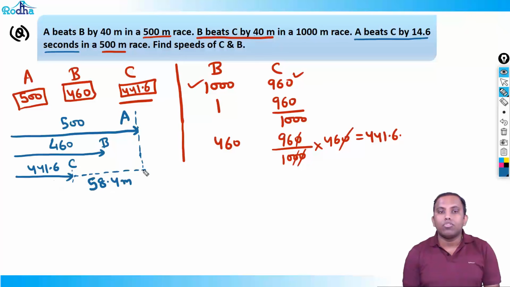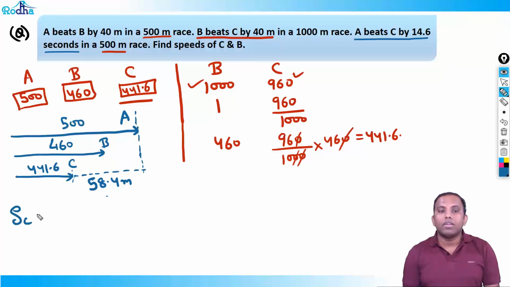This distance of 58.4 meter will be covered by C in 14.6 seconds, because after whatever time A has taken, C will take 14.6 seconds more. Same as the last question, this concept. So what is speed of C?